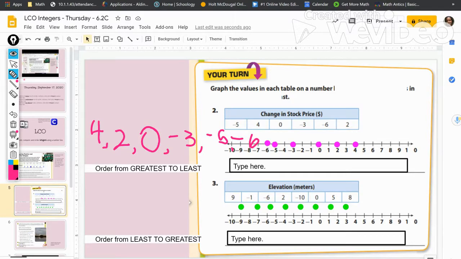Okay? The second one is talking about elevation. So either you're going higher or you're going lower. So again, you're just going to plot the points on the number line. Positive numbers to the right.